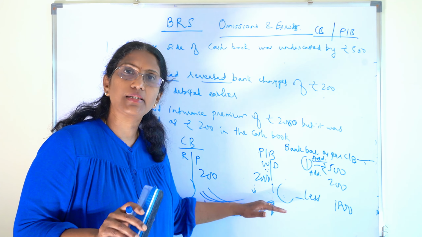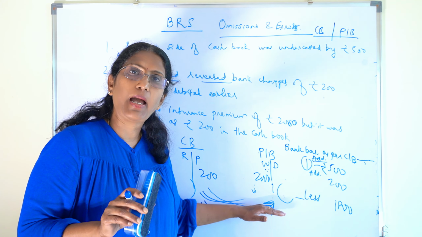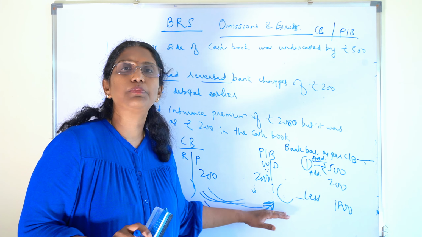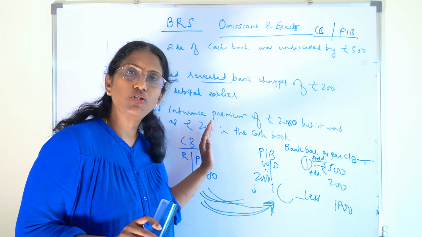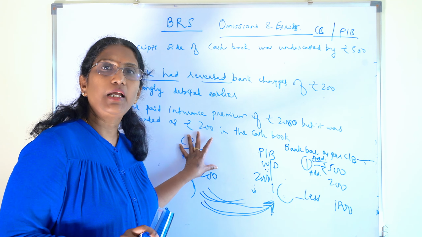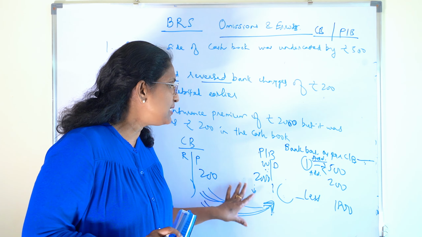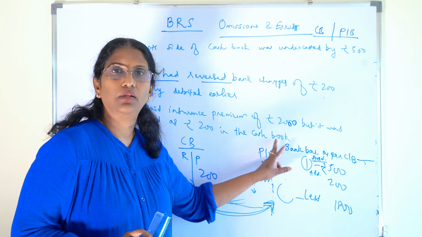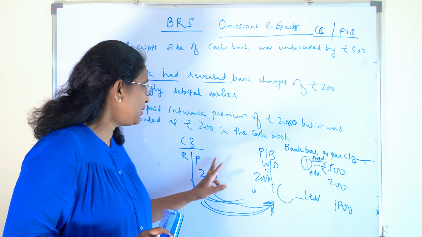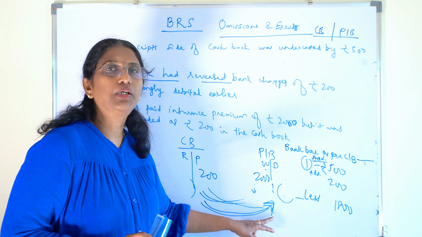If you do exactly what the bank has done, your bank balance as per passbook will come correct, because your starting point is the cash book. But for a transaction the passbook has not recorded at all, there you do the reverse.